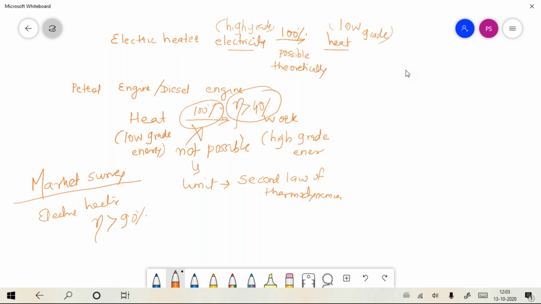Okay, because practically speaking, though the energy is not destroyed, the useful form of energy is. You'll find that in any energy conversion device, energy is always conserved. There is no question of energy being destroyed, because that is what the first law says.